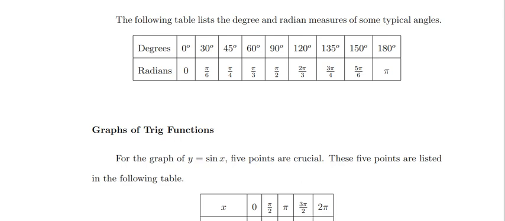Maybe in engineering they still prefer degrees, but in modern mathematics, we use radians. So why? One reason is the graph. For any function, we usually focus on its graph. We want to know how the function changes.